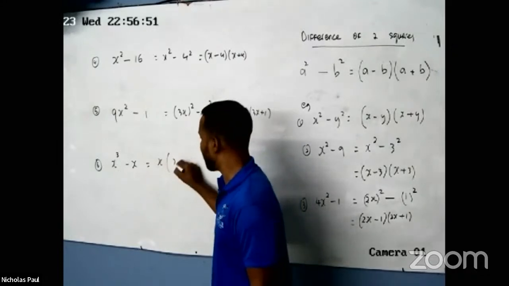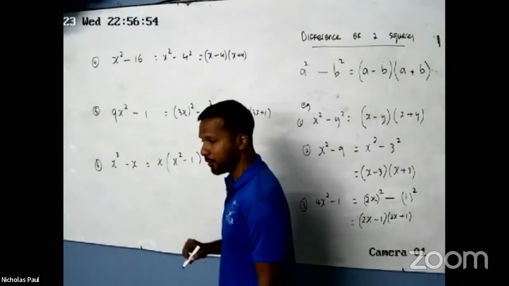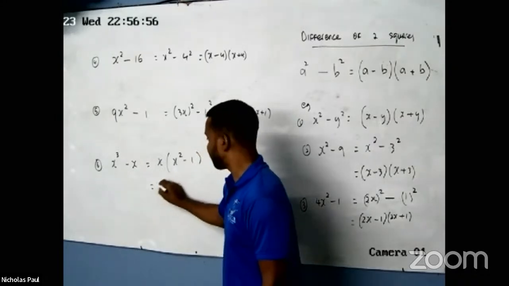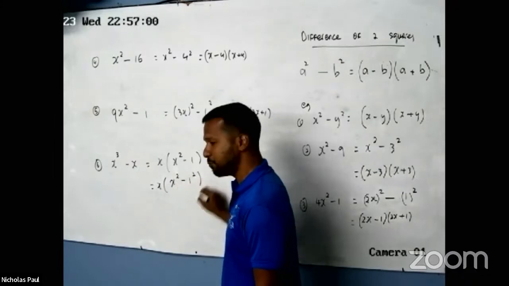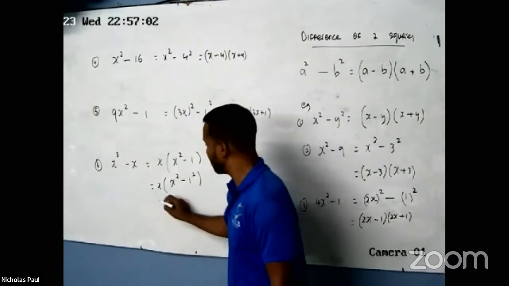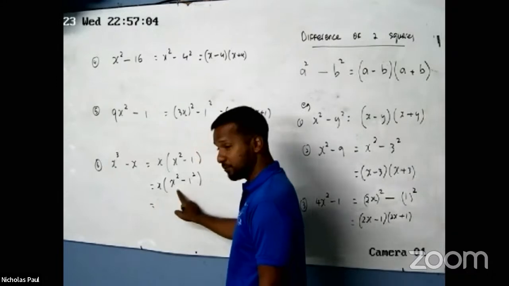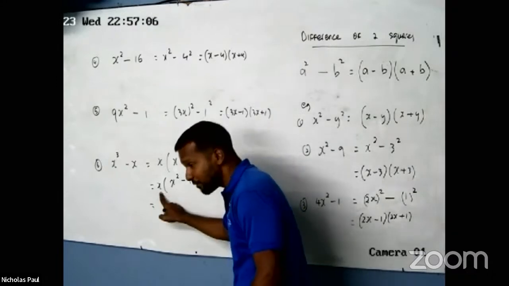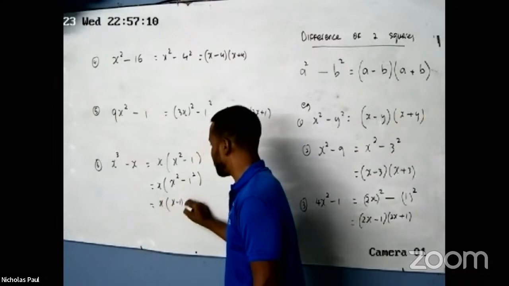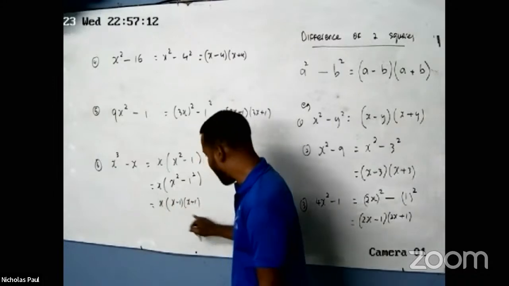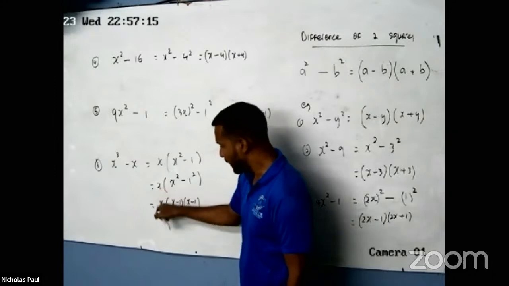So you'll get x squared minus 1 here. Correct? And this is the difference of 2 squares here. So you left out the x. So x by x minus 1, x plus 1. So you had this right, but you forgot the x here.